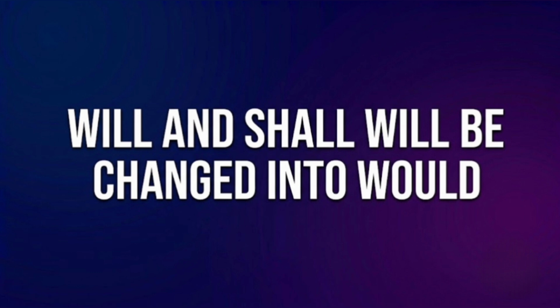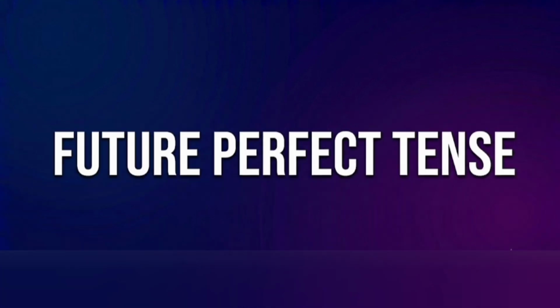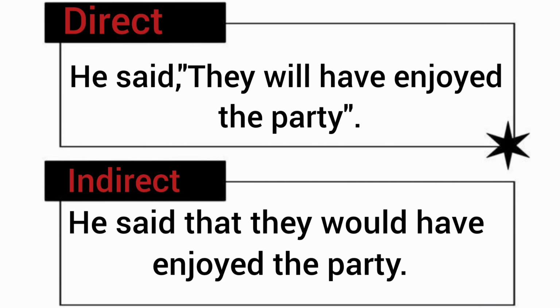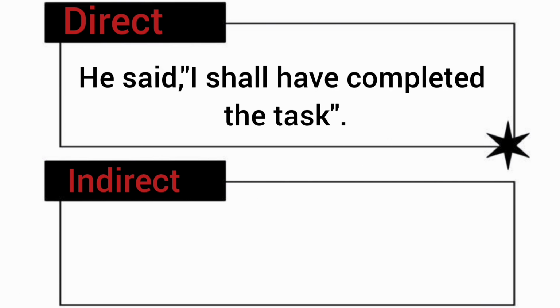Then next, reported speech is in future perfect tense. Examples are, he said they will have enjoyed the party. Only will is changed. He said that they would have enjoyed the party. And the same is the case with, he said I shall have completed the task.